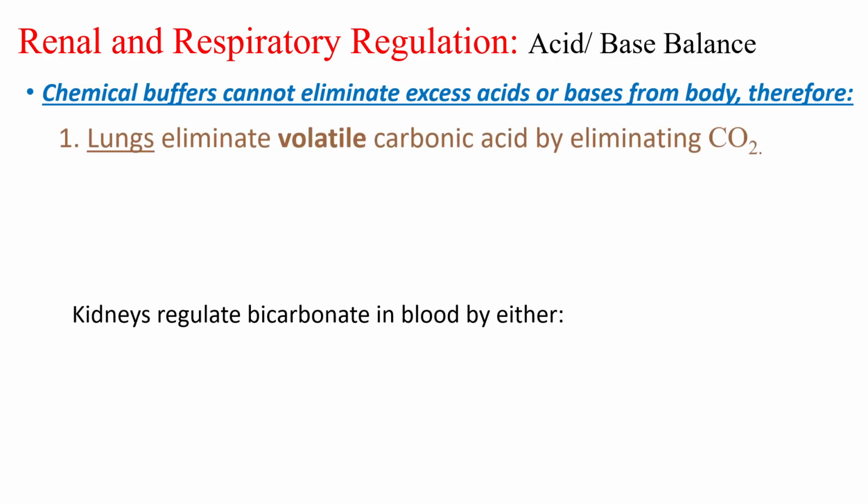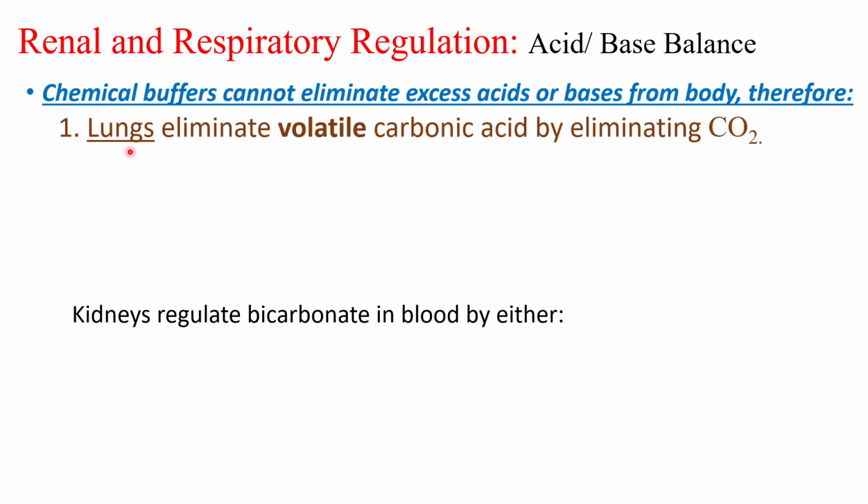So how do we eliminate acids and bases from the body? Well, we have a respiratory component, where things that are volatile, that are able to evaporate readily, can be breathed away through exhalation and ventilation. CO2 is the big one. We breathe out, and two thirds of that CO2, just seconds ago, was in the form of bicarbonate.